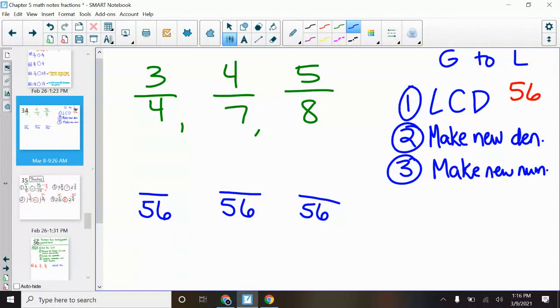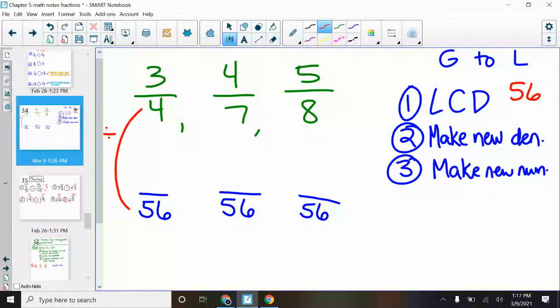So to make the new numerator, here's the steps you have to take. I said you have to lock in for 5 minutes, maybe 7 minutes. 56 goes into 4. We have to divide this. You will do this every single time. Divide starts with what letter? D. Denominator starts with what letter? D. So what do you do with denominators?